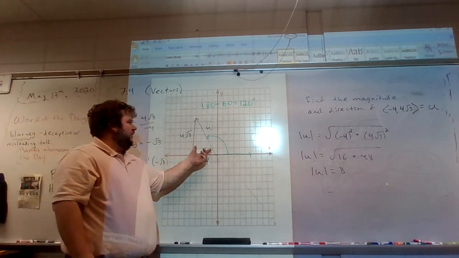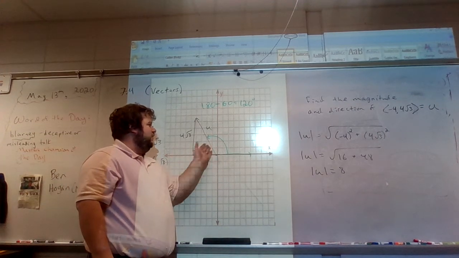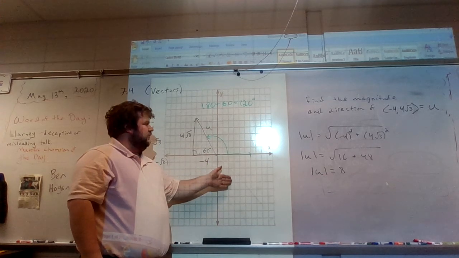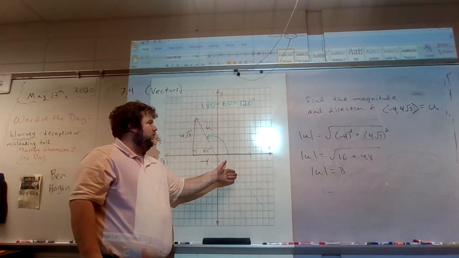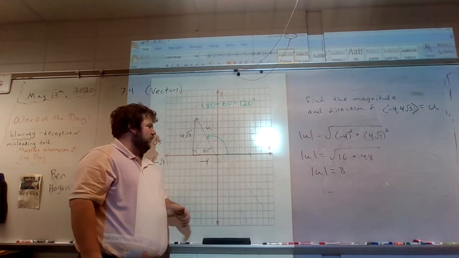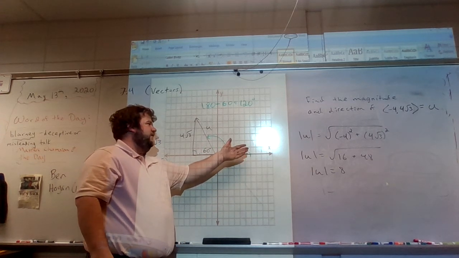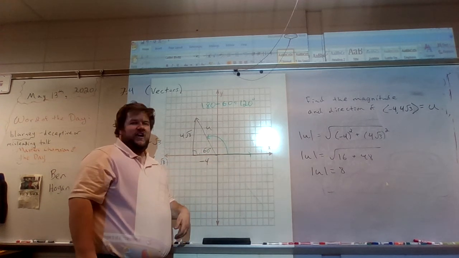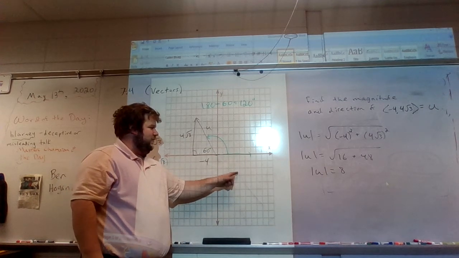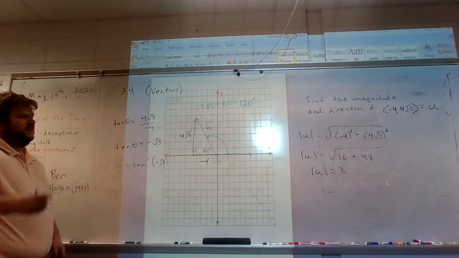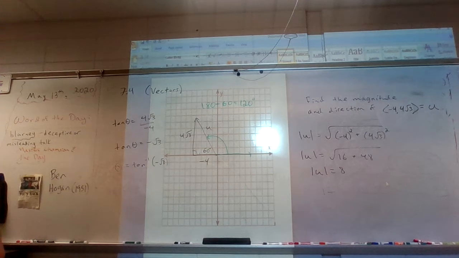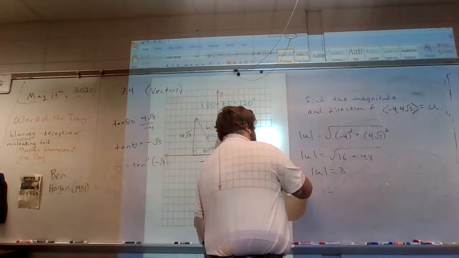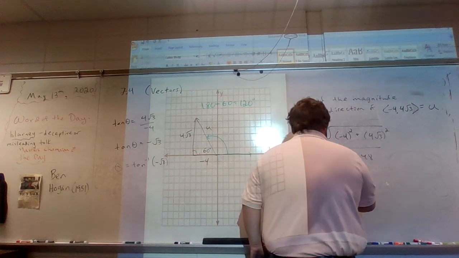And here, I have an angle that is in quadrant 2, so it's a little different than being in quadrant 4 or 1, where I could actually have a negative 60-degree angle per se, like down here maybe. Okay, so that's just something to think about. It's due to the range restrictions with my arc tangent there. But I hope that makes sense that the direction angle is 120 degrees in this case.